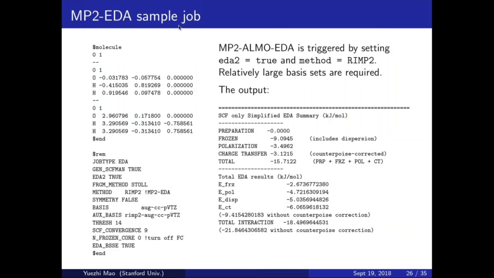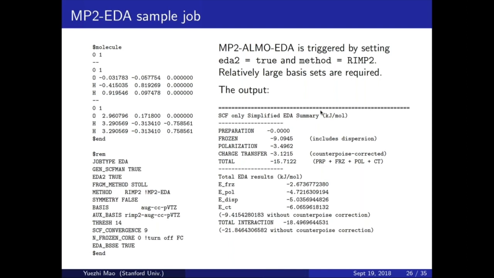And for the MP2 EDA sample job, the input file is much like the input for EDA2, except that we need to change the method to RIMP2, instead of the density functional method. And because the resolution of the identity is used, we need the auxiliary basis to be set.